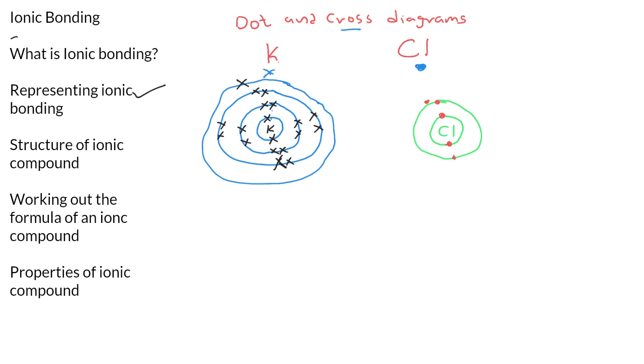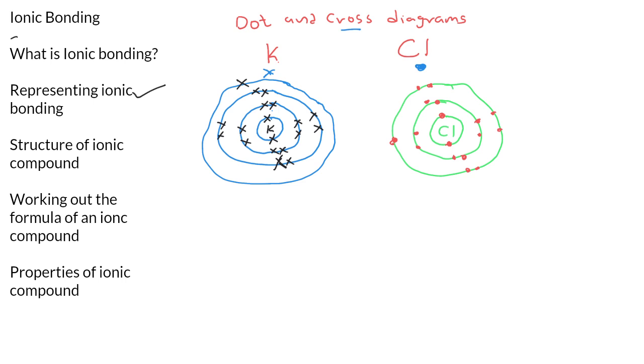So 2, 8, and the next shell, that makes it how many? That's 17. Good. When we draw the 7th one, so now this will take the 7th: 1, 2, 3, 4, 5, 6, and 7.